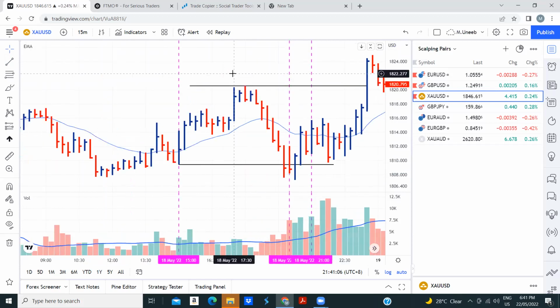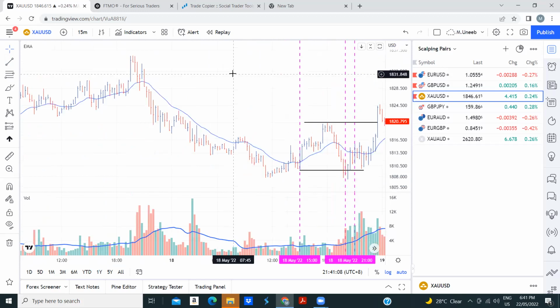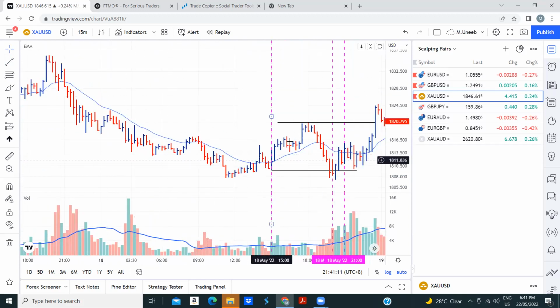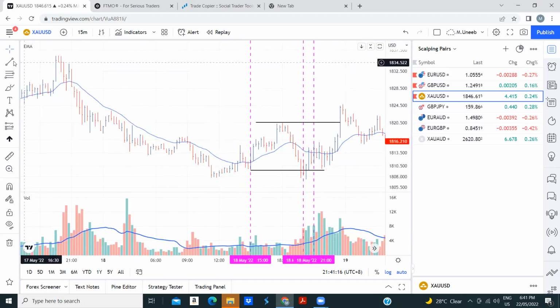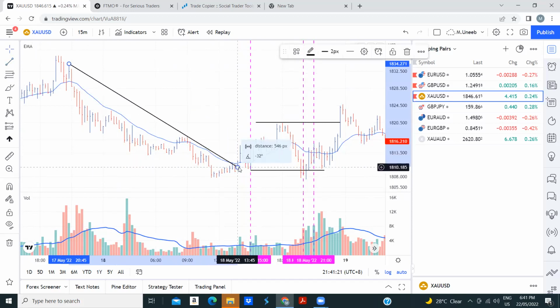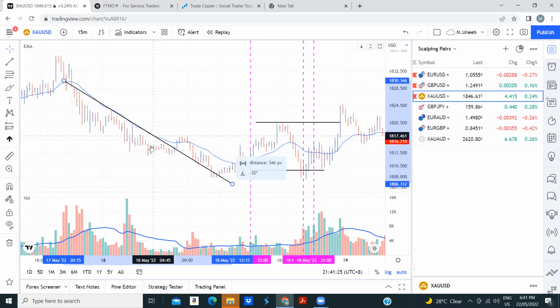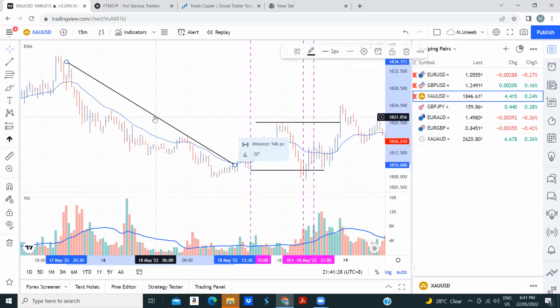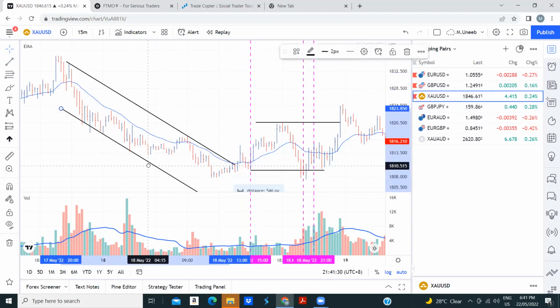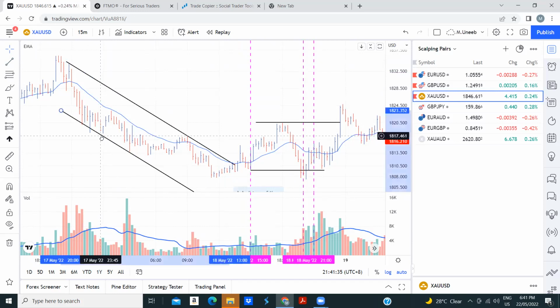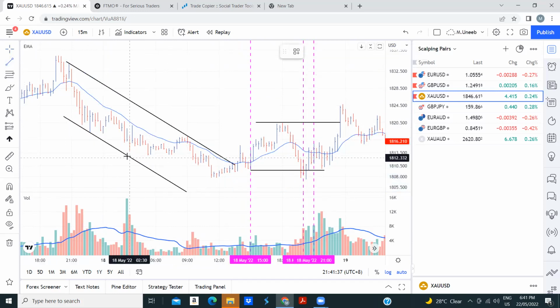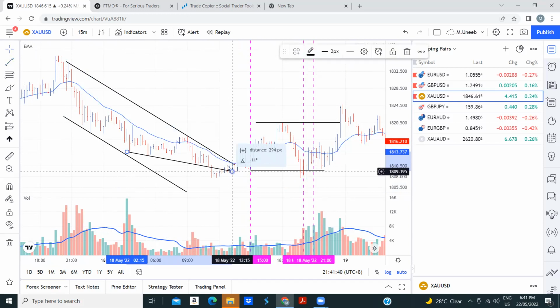And after this, what do we do? What is the criteria here? If you draw the structure here, we just draw a little structure from the back side, just to see the bias. And this one here, shortening of the thrust.